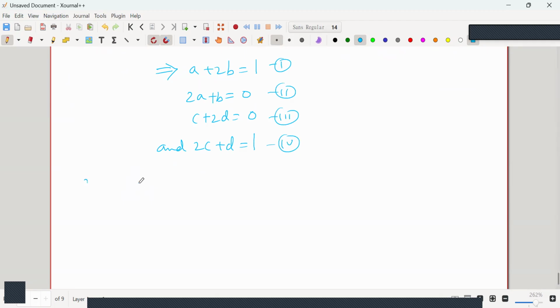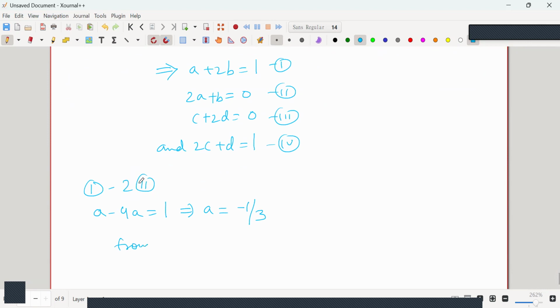So from, simply, 1 minus 2 times second gives you a minus 2a, oh sorry, 4a to be 1, which implies a is minus 1 by 3.